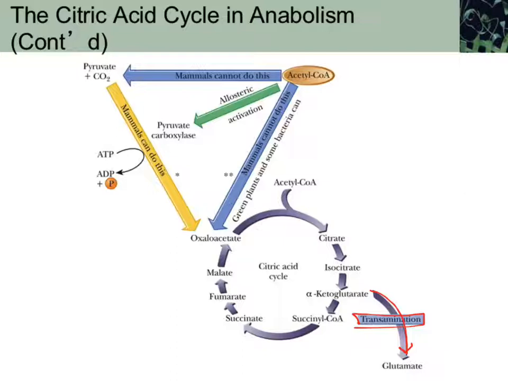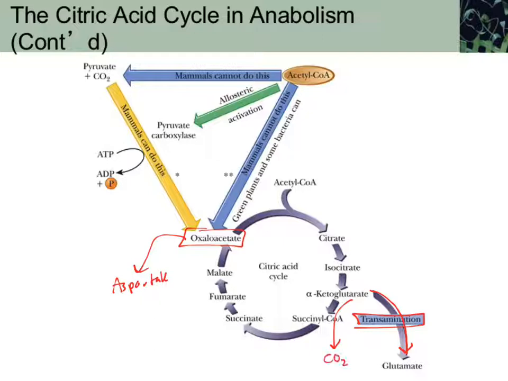That's all that is. Oh, didn't we talk about that already with oxaloacetate? Yeah, oxaloacetate could be converted into aspartate. Why can alpha ketoglutarate be converted into glutamate then? What comes out going from alpha ketoglutarate to succinyl-CoA?